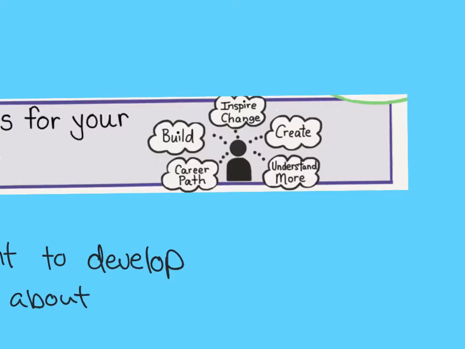If you look closer at the illustration here, you'll notice that there's also some different examples they have, right? Like, is your goal about wanting to understand more about something? Is your goal about wanting to create something? Do you want to inspire change? Do you want to build something? Or are you actually looking at exploring a career path?